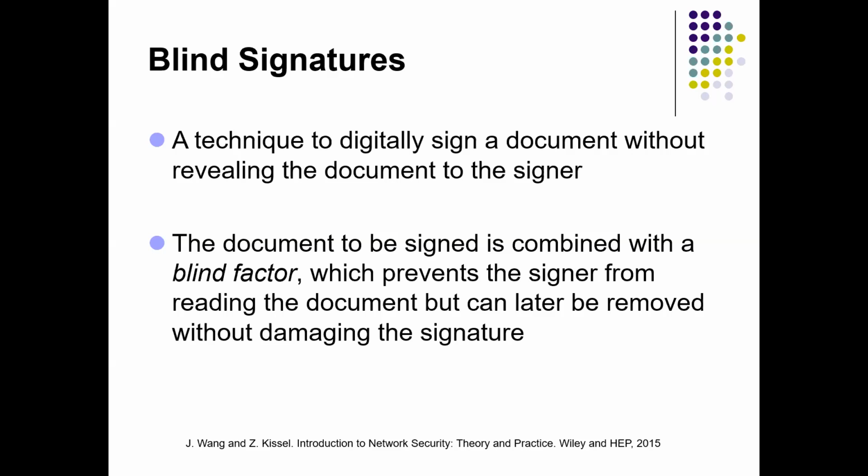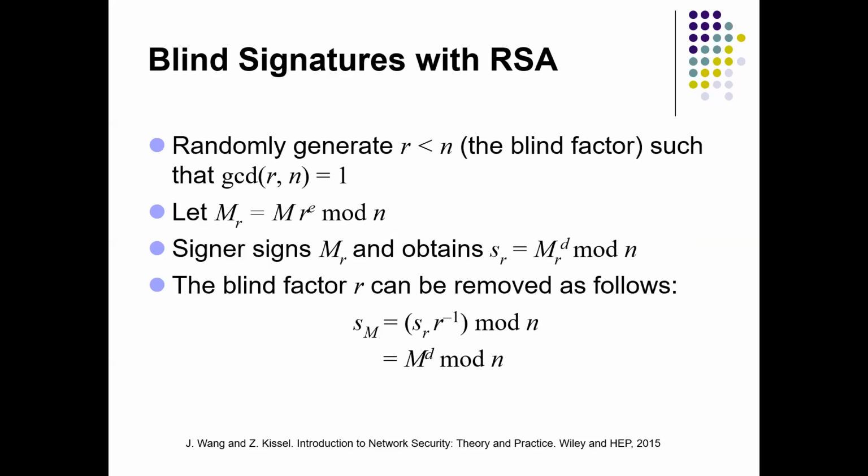So a blind signature can be realized using RSA. Here is how we use RSA to generate a blind signature. Here you can see I have a message M, and that's the message M I want the signer to sign.